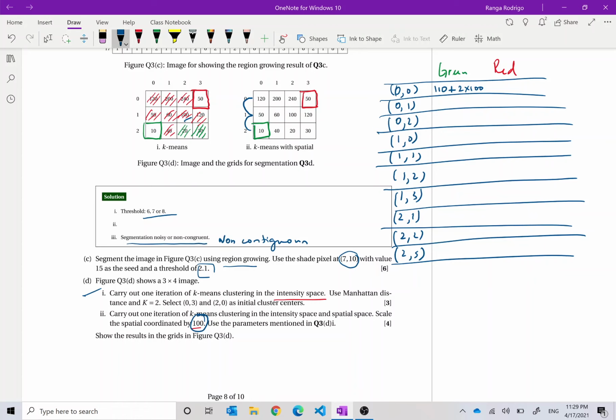And then let's consider the red one. The intensity difference is 70 plus the pixels 1, 2, 3, plus 300. So here you would get 310, here you get 370, so this becomes a green pixel.